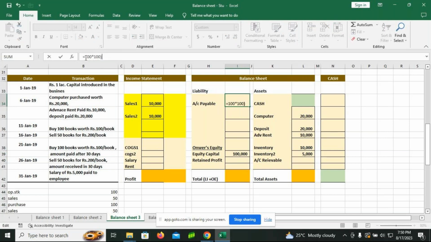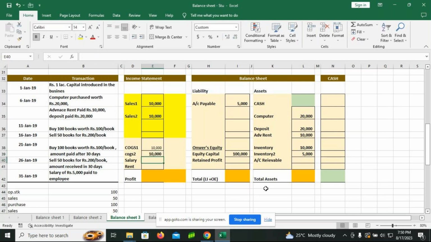So in the payable only I'm going to show this, minus 50 into 100. Okay. I have shown one inventory here in this one and the other in the payable. So now COGS equals 50 into 200.